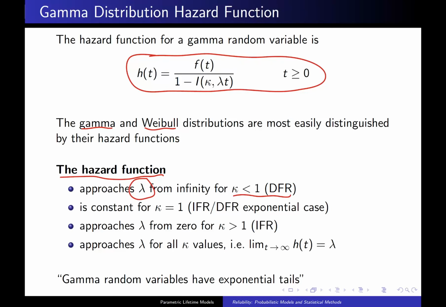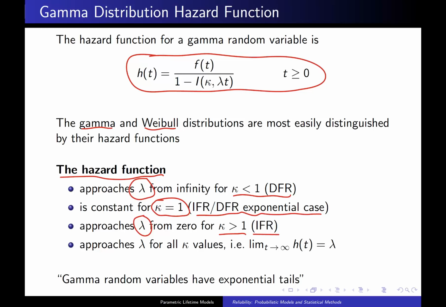It will be constant for kappa equals 1, and that's the IFR DFR case, which corresponds to the exponential distribution. And then it approaches lambda from 0 for kappa greater than 1, and that is the IFR case.